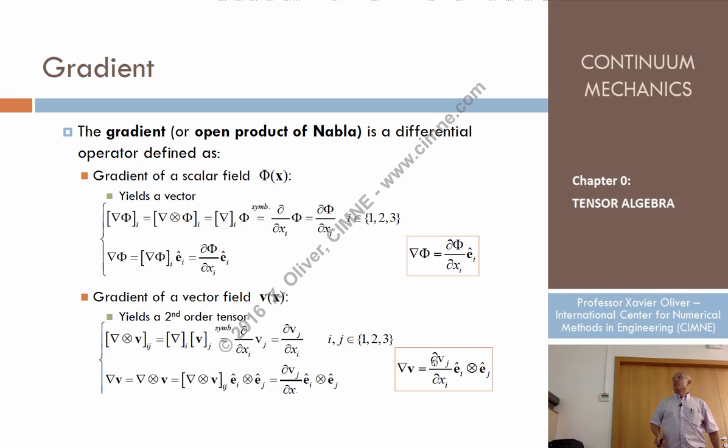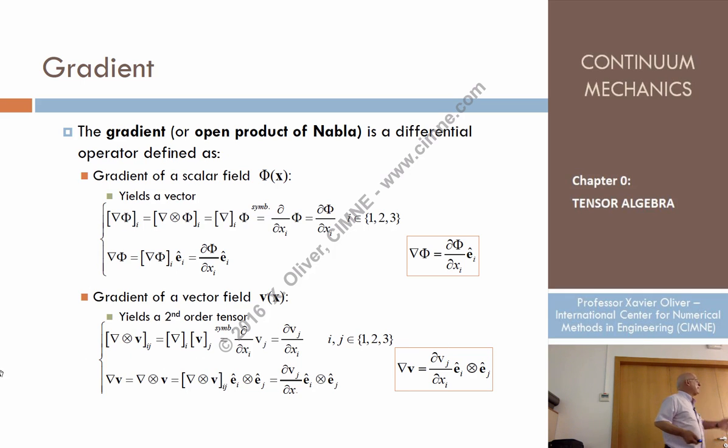So finally, we can write that intrinsically. By the way, you see it here, I have forgotten the open product symbol, because I told you that I could have put here an open product symbol, but if I want, I can just skip the symbol and put nothing. Whenever it's nothing, this stands for open product.